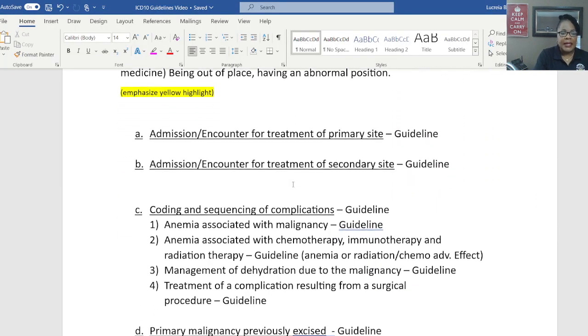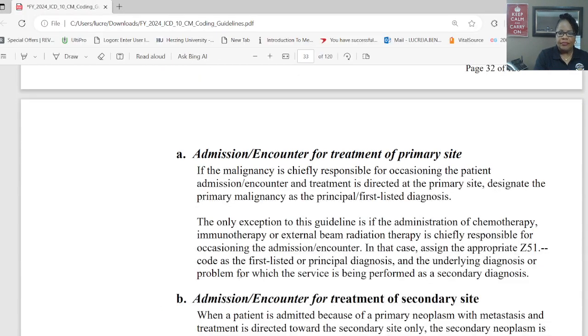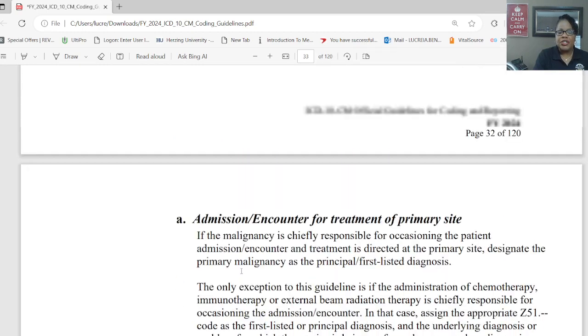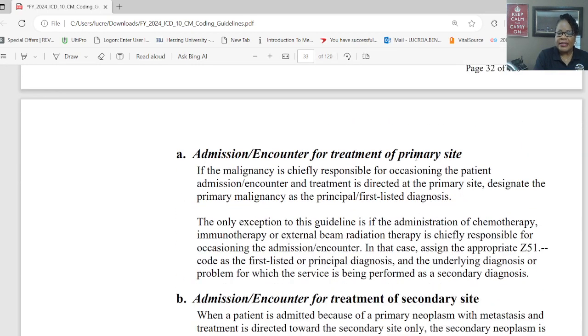All right, and then admission or encounters for treatment of the primary site. Let's go to the guidelines. Here it is. Admission or encounter for treatment of primary site. If the malignancy is chiefly responsible for occasioning the patient admission or encounter and treatment is directed at the primary site, designate that primary malignancy as the principal or first listed diagnoses.